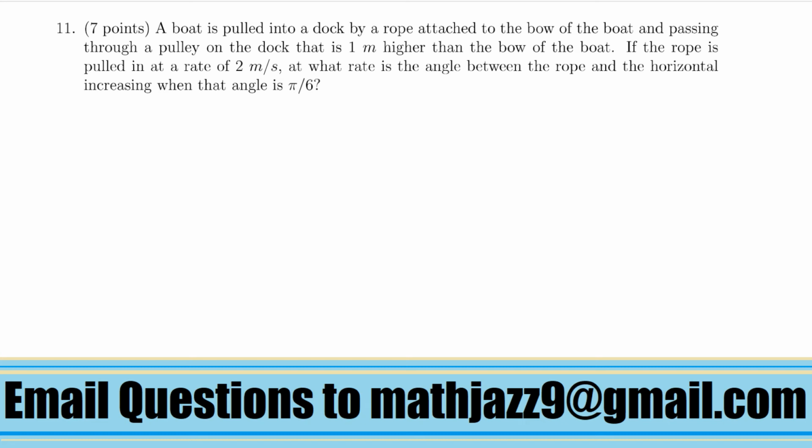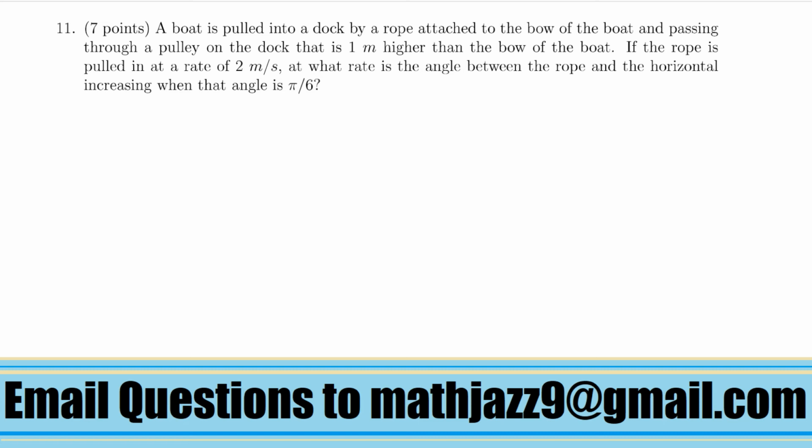Okay, so here is the thing. It is completely unrealistic, but we get to assume that this rope is a line, okay? That's not going to be true. The rope is going to sag in the middle of the actual physical problem that's going on here. But we're going to assume that the rope is in fact a line.